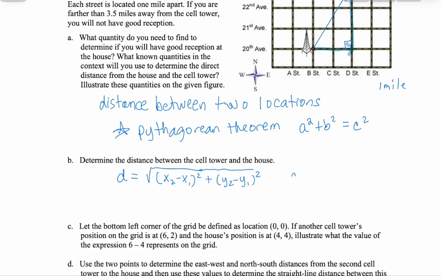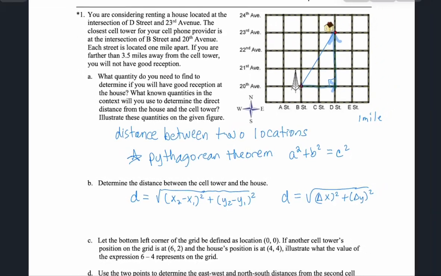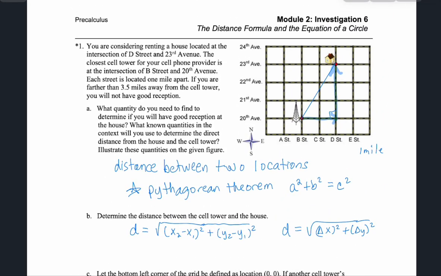You might also recognize those values we've done before. That's going to be the change in x squared plus the change in y squared underneath that square root, okay? So you can think of it in any context that you want.